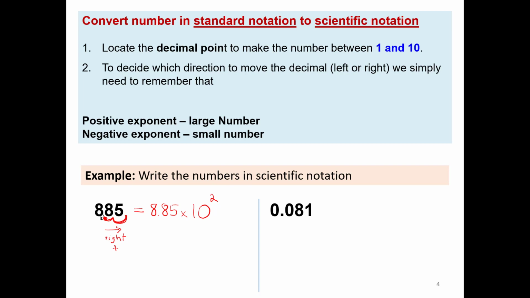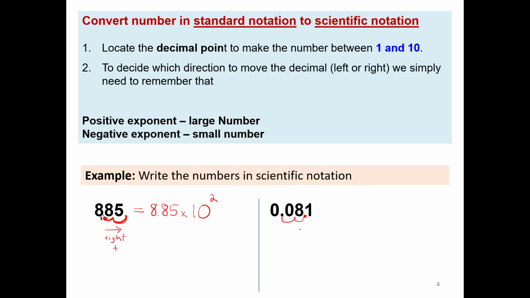Then let's try the next example and let's try to follow these 2 steps. Then where we want the decimal point to make the number between 1 and 10, we want just here. Now we move this 2 places to the actual decimal point, 1, 2. Then we know this exponent must be negative because the number is smaller than 1.